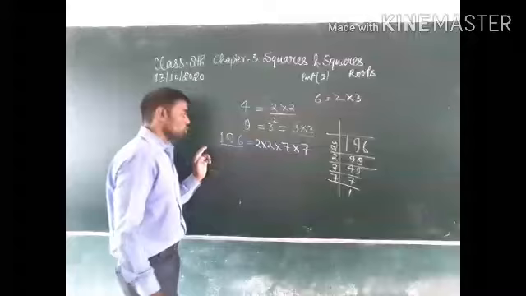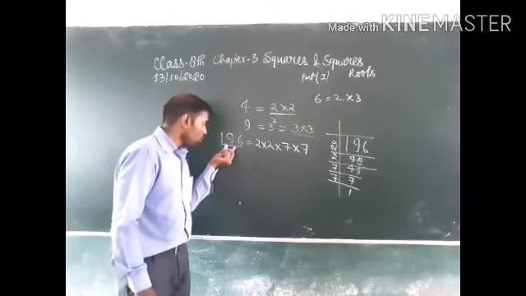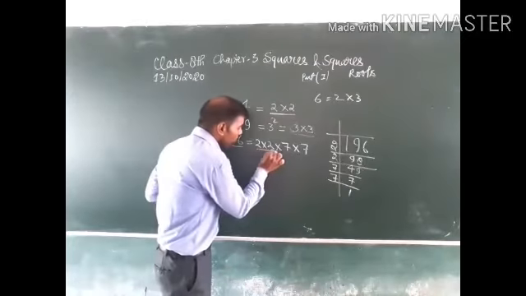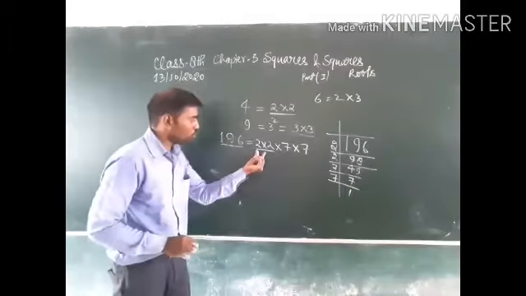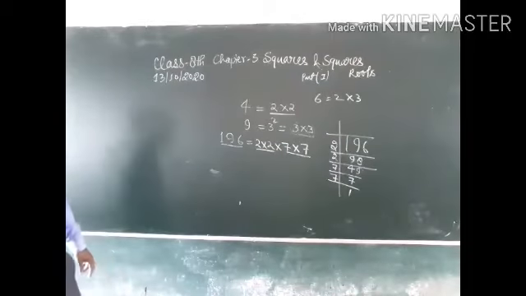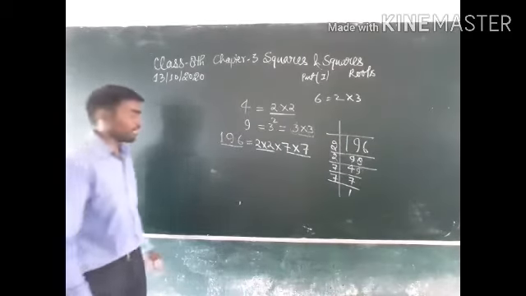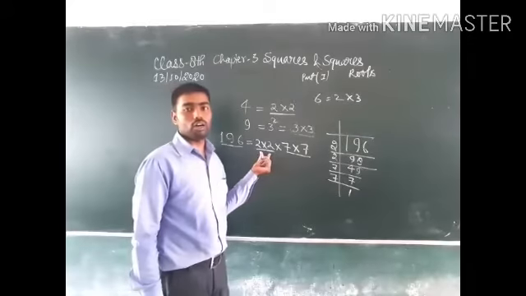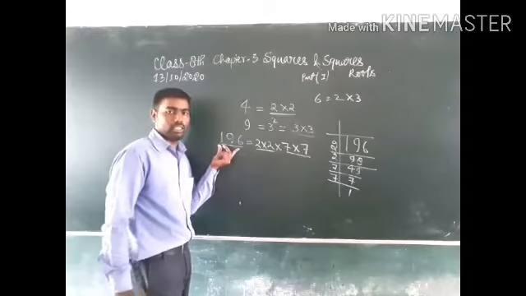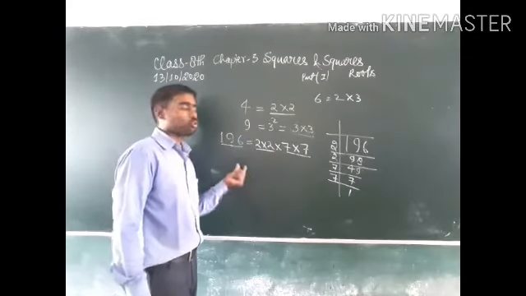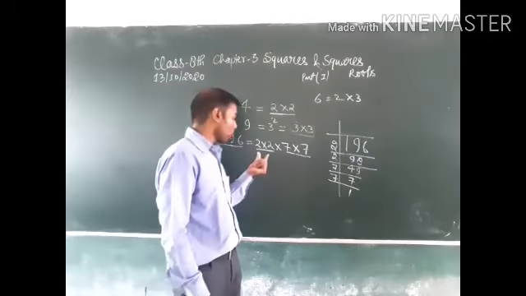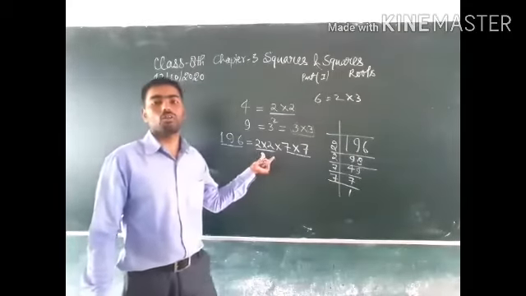It means that you can see that 196 is expressible as equal numbers of factors. This is a pair of 2 and this is a pair of 7, and the product of pairs of equal factors. So 196 is also a perfect square because 196 is expressible as the product of pairs of equal numbers.